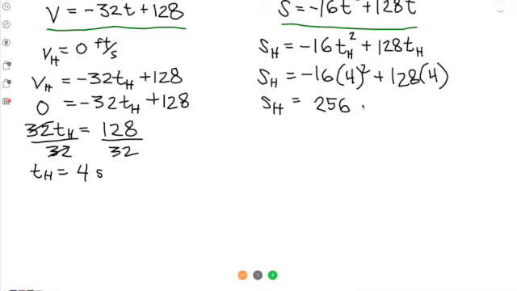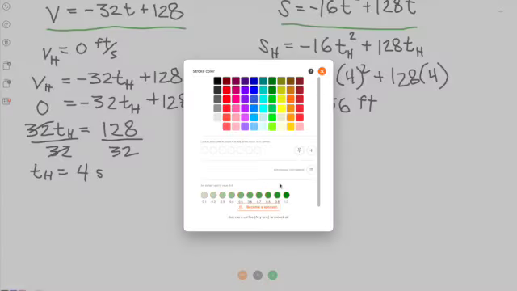This is a distance, so it should be in feet: 256 feet. Since this is positive, and we defined earlier that the upward direction would be the positive distance, it means the stone is 256 feet in the air.